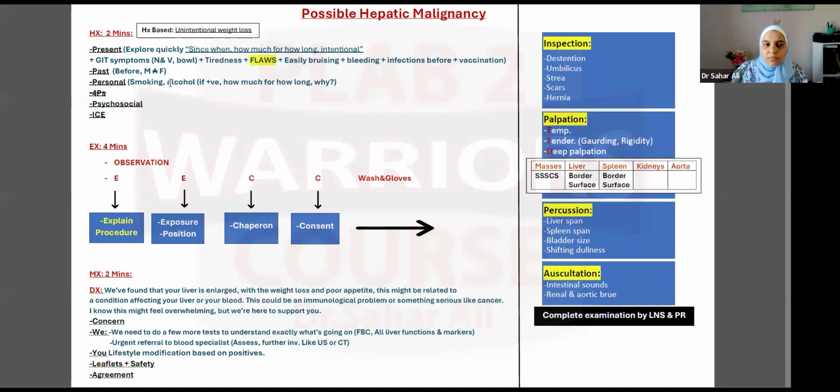Then smoking and alcohol, if you suspect or if he tells you something related to the abdomen. Okay. All right. If you don't have time to ask about smoking and alcohol, you can bring them in the management. All right. It's based on what you feel.